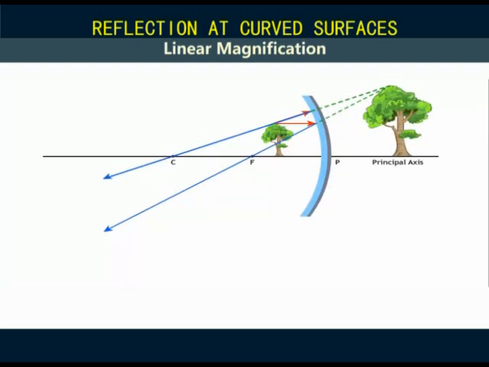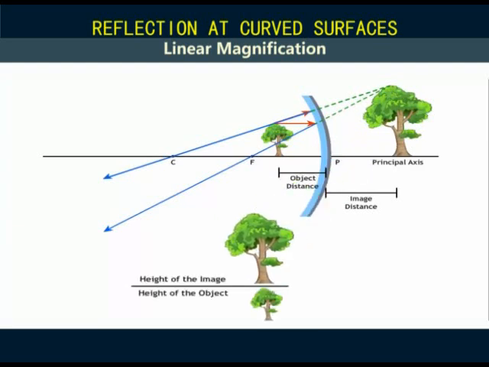Magnification can also be computed as the ratio of the image distance to object distance. Thus, the ratio of the image height to the height of the object is equal to the ratio of the image distance to object distance. Magnification can be 1 or unity, greater than 1 or less than 1.